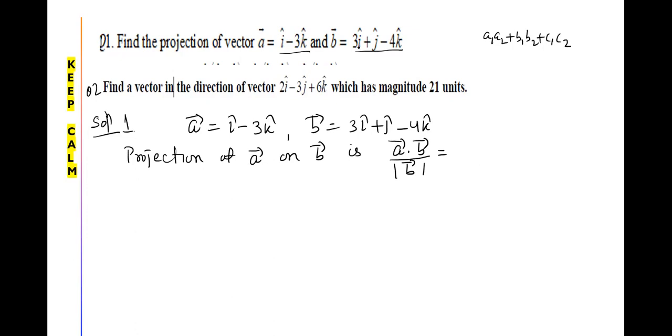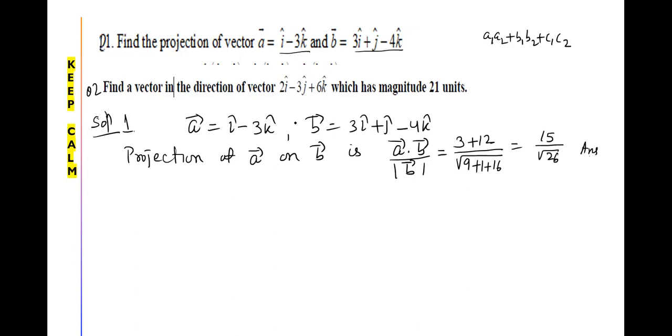So it means 1 into 3, then 0 into 1, 0, minus 3 into minus 4, 12. Then the magnitude of B, as you know, is the root of 9 plus 1 plus 16. So it is 15 divided by under root 26. That is the answer.